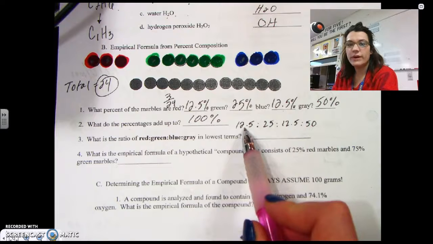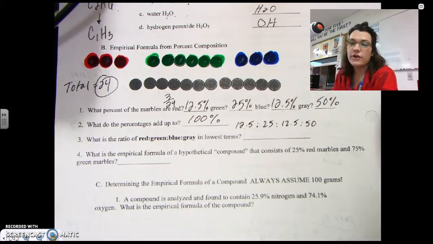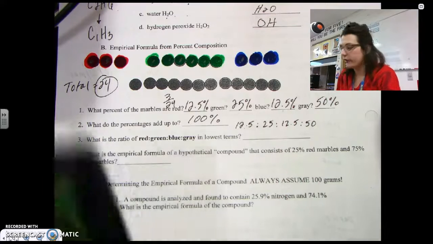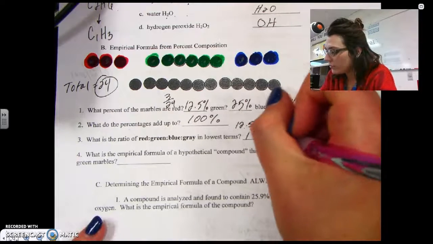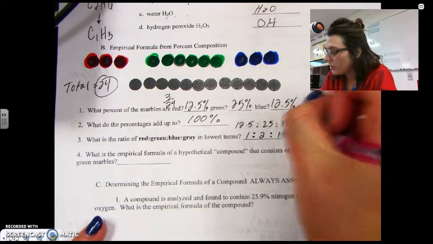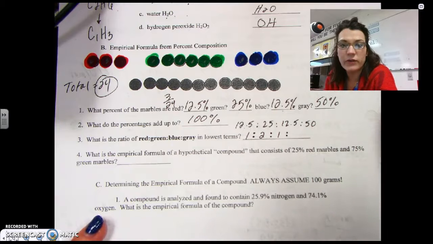For every 12.5% of red I will have 25% green, okay? So if I was to divide by the smallest percentage here, which is 12.5, my ratio would be 1 to 2 to 1 to, how many times does 12.5 go into 50?